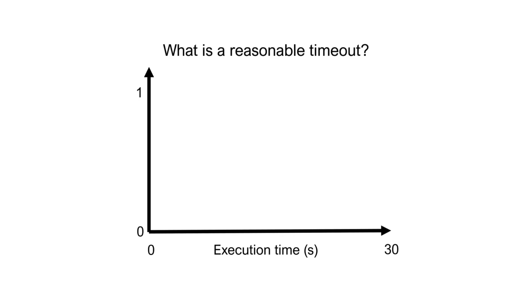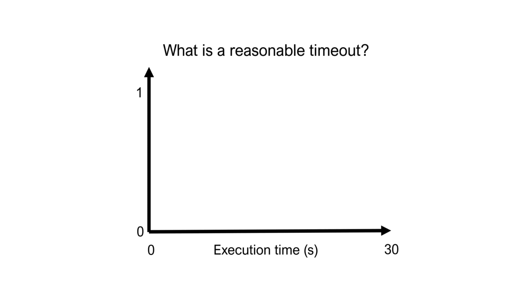Suppose now that you have a very complex test case for which you have to configure a timeout. And suppose also that it's now time for you to assess if you have a reasonable timeout already for this test case, or if you should perhaps adjust it a little bit. So now you want to train a classifier here to see whether or not the test case should trigger a timeout.